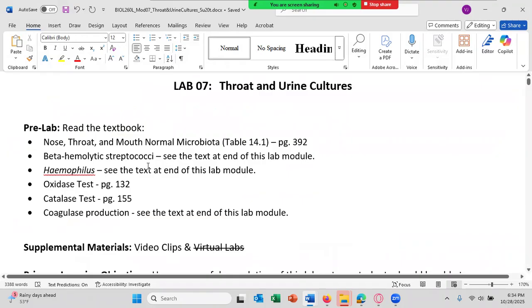You can read about beta hemolytic streptococci, Haemophilus, and the coagulase production, all in the appendix of this lab module. Just scroll to the end of the lab module, and you get an appendix where I put these 3 items. You need to read about the oxidase test on page 132 and the coagulase test on page 155. So not much reading this week.